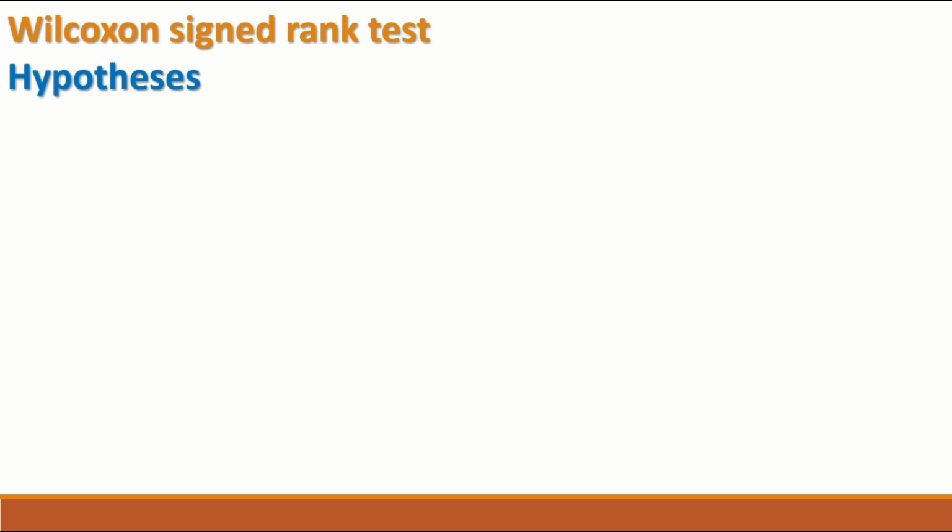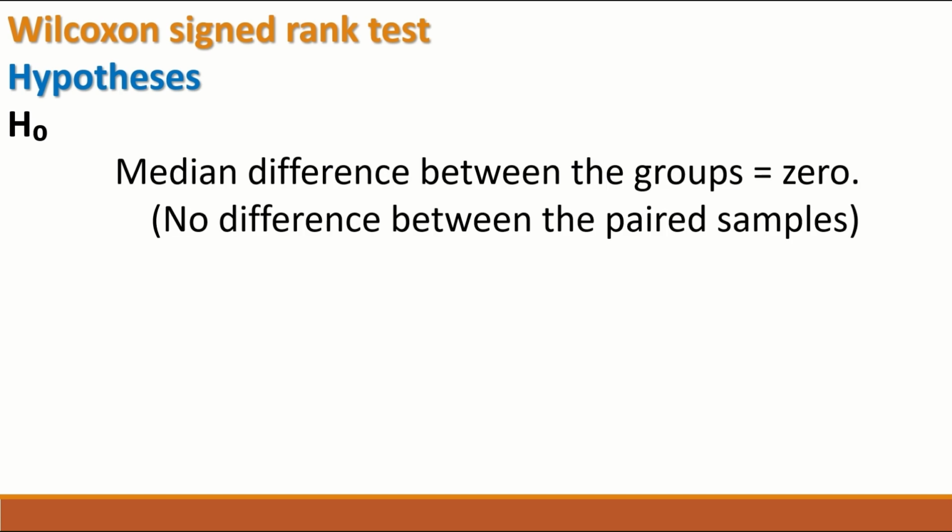To perform the test, hypotheses will be generated. The null hypothesis will state that the median difference between the groups is equal to 0, i.e. there is no difference between the paired samples.